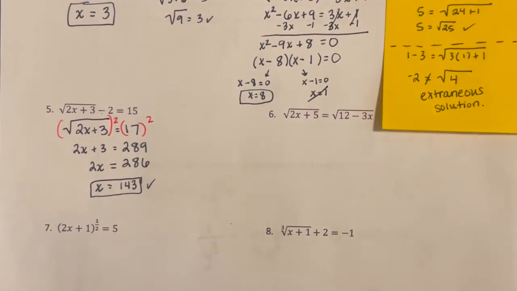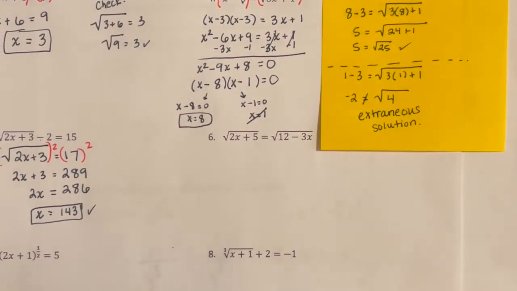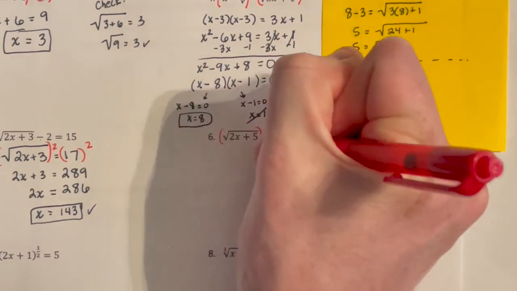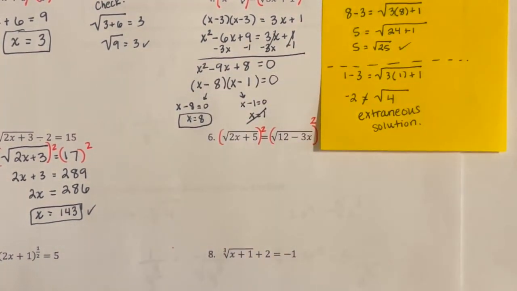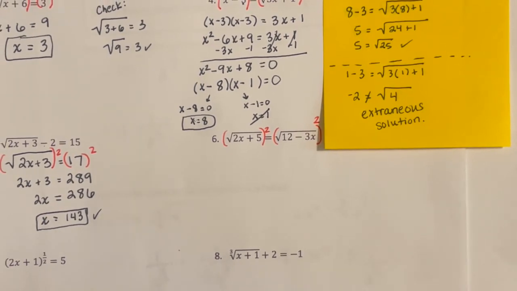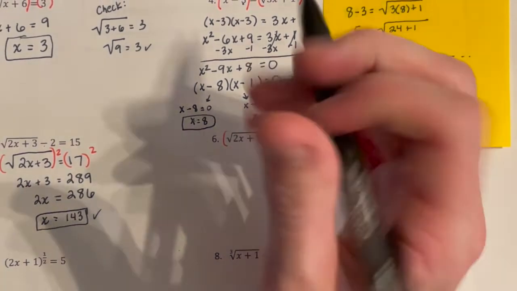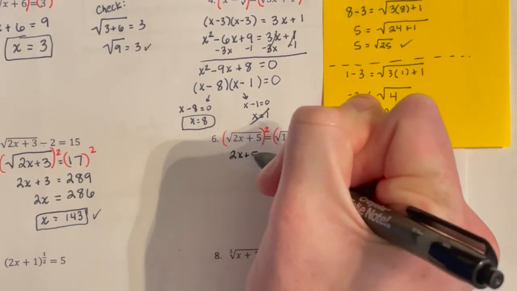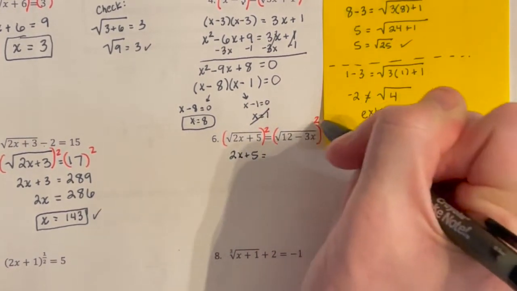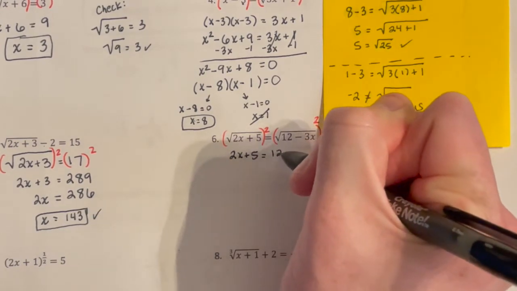6, if you saw, we have 2 radicals, and to undo a radical, we can square it. So I'm going to square both sides, and it ends up being just what's underneath the radicals, because this square cancels out with that square root, so it's 2x plus 5 equals 12 minus 3x.